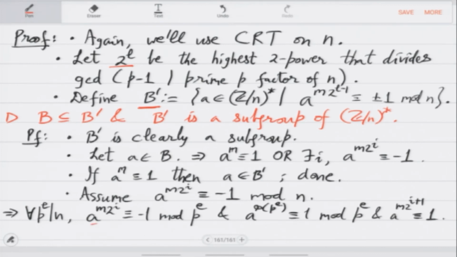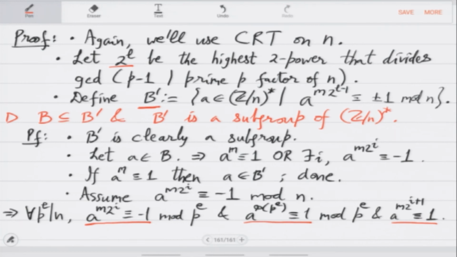You know that A raised to m 2 raised to I is minus 1, hence you know that A raised to m 2 raised to I plus 1, the square of the previous thing, is 1, and you know that this group Z mod P raised to E star has size phi of P raised to E, and it is a cyclic group. So, A raised to that is 1.